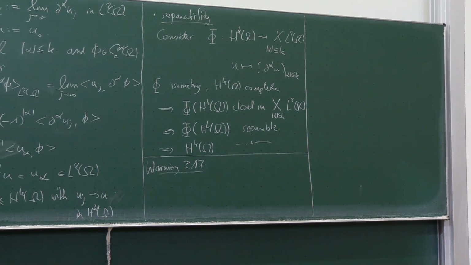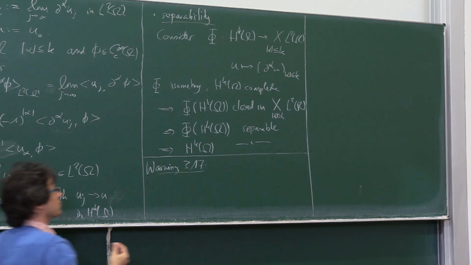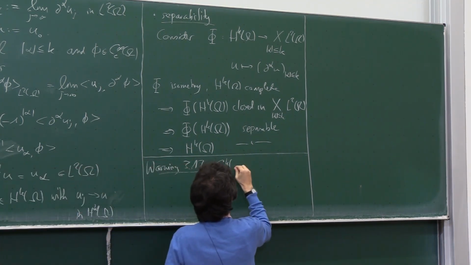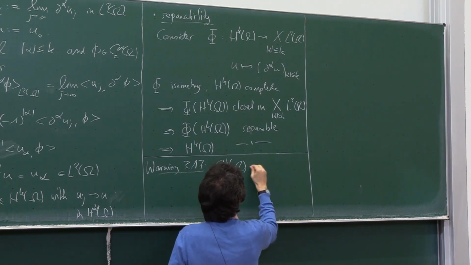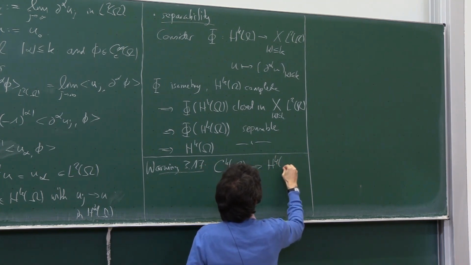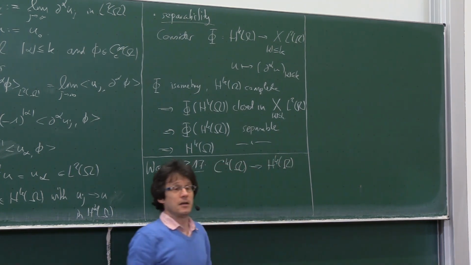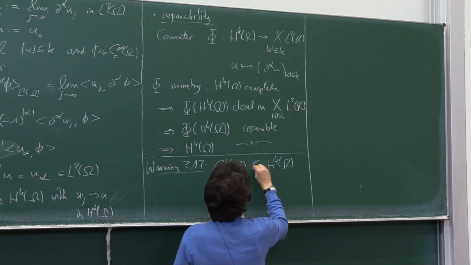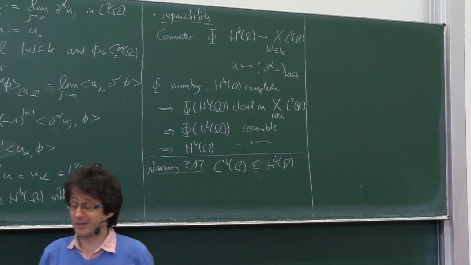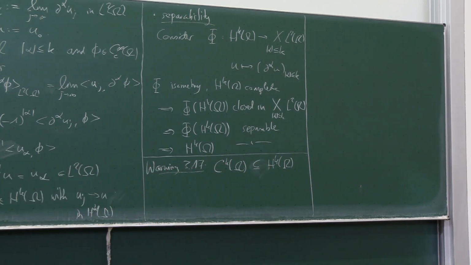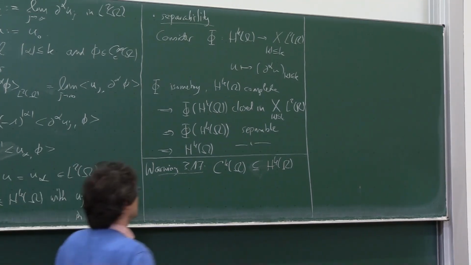So one might have the impression that if you have something that is Ck, probably it should be Hk. If you think of Hk as just k times weakly differentiable and Ck as k times continuously differentiable, you could have this idea. And this is not a very good idea because this is false.